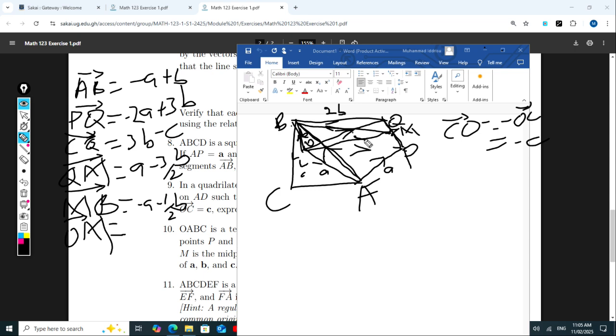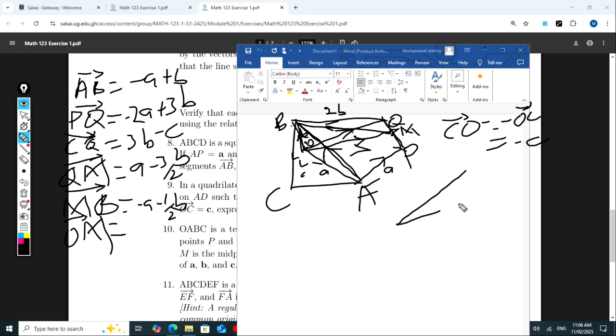So we are looking for this OM. So using this, OM is equal to what? OQ plus QM. So this is a triangle.